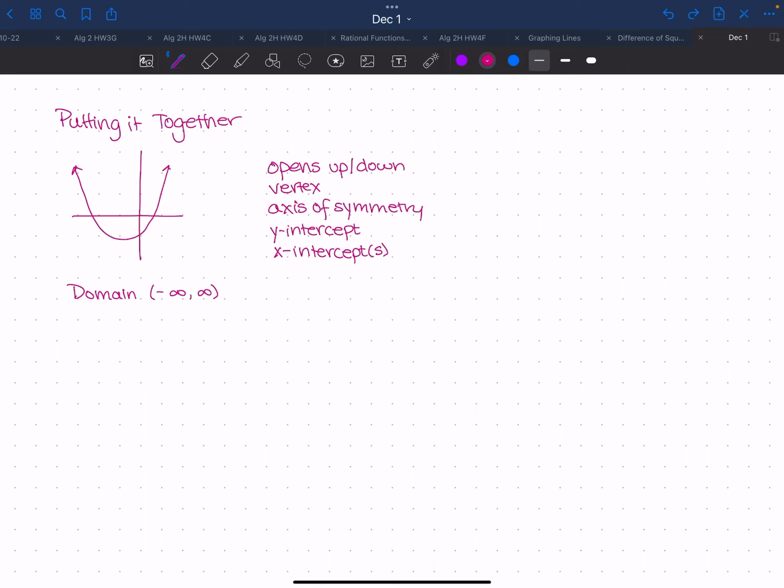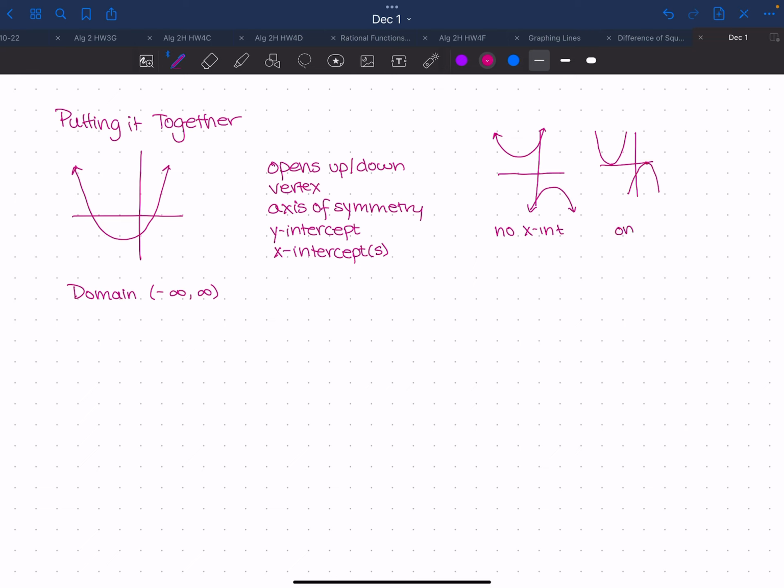And if you think about it, you could either be above or below, opening away from the x-axis. Then you would have no x-intercepts. Or maybe the parabola just comes and gives the x-axis a kiss.